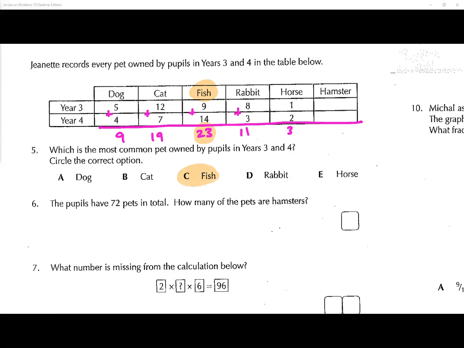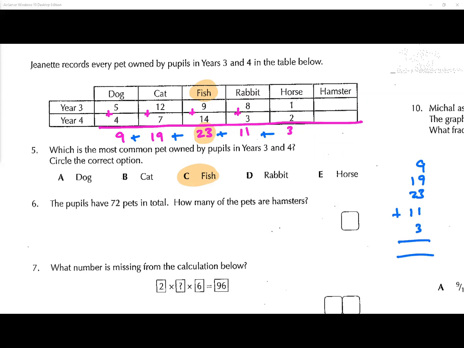Fish. Question number 6. Fish is lovely, omega 3. The pupils have 72 pets in total. How many of the pets are hamsters? So for that one now, we need to do the extra calculation. Okay, so we add them all up.